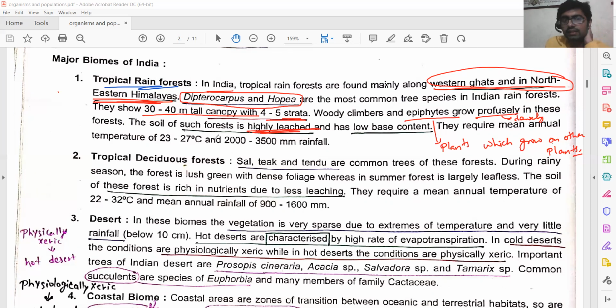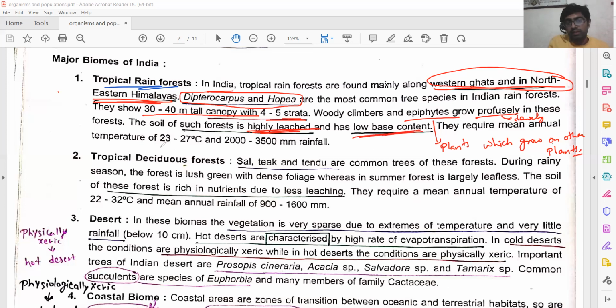So the soils of these forests are highly leached. Okay, they are highly leached. Highly leached means many minerals, due to heavy rain, diffuse from the soil into the water and move with the water towards deeper strata of soil or to some other place. So they have a very low base content.